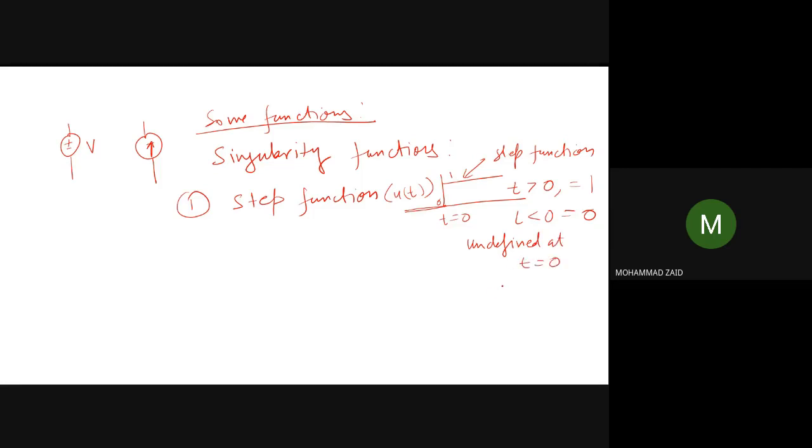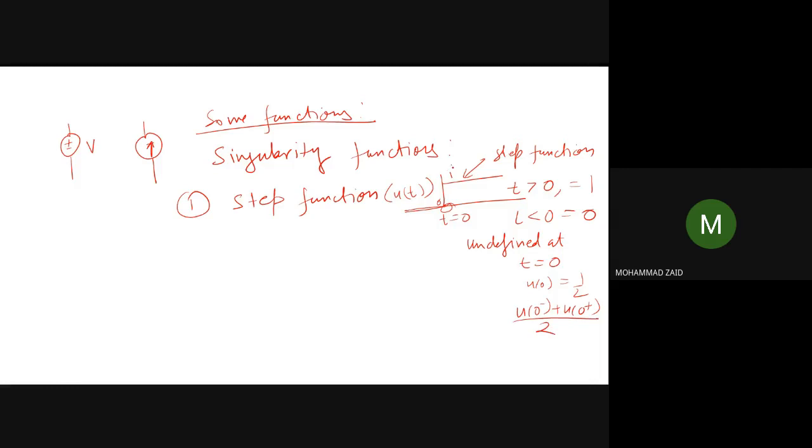However, by some mathematical manipulations and properties of limits, we can find the value at 0, which comes out to be half. That you will derive in your signal systems course, but that is not our concern.